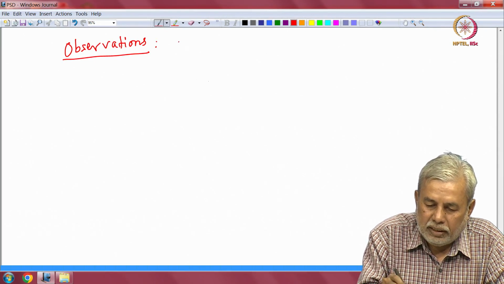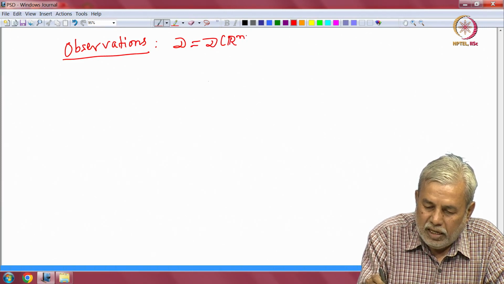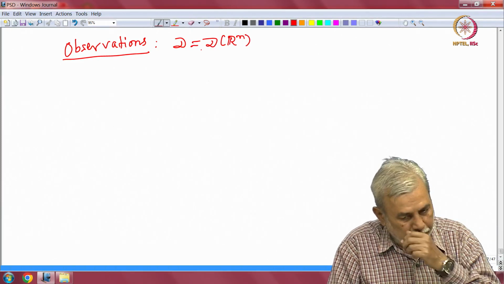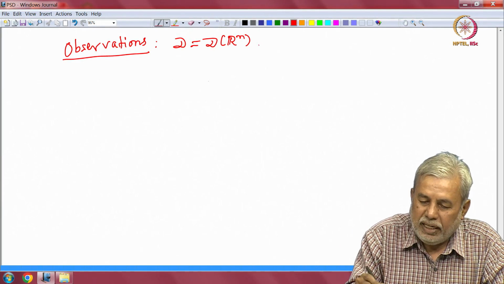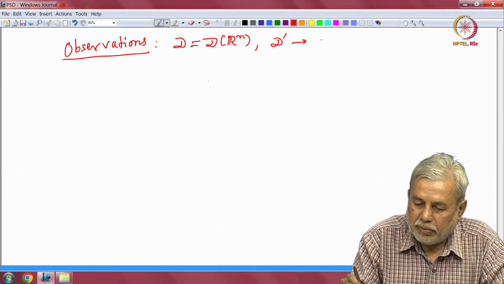Just for the sake of notation, this space of test functions I denote just by D and its dual just by D prime. So, this is just the space of distributions.